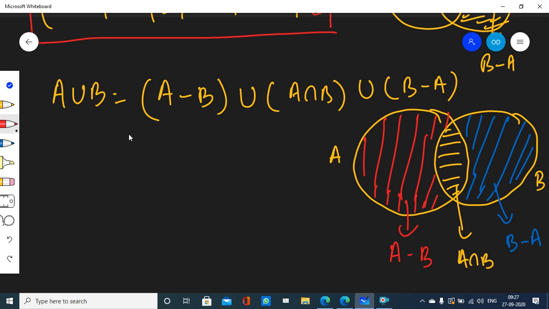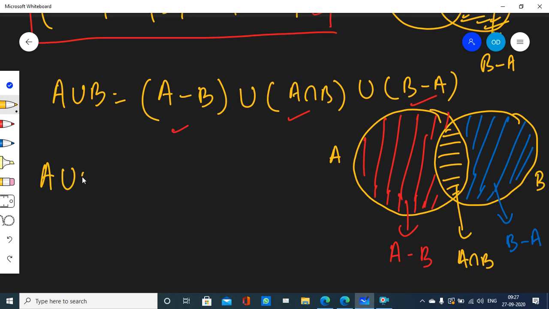That means these three are mutually disjoint. They have nothing in common between one another. A minus B and A intersection B have nothing in common. A intersection B and B minus A have nothing in common. A minus B and B minus A have nothing in common. So they are entirely disjoint with respect to one another.